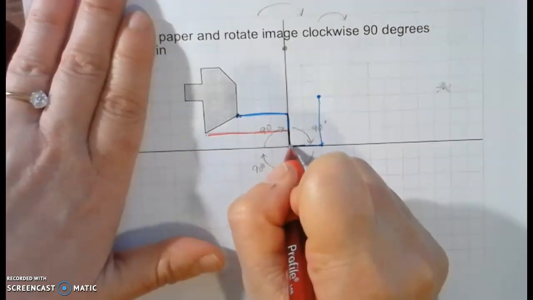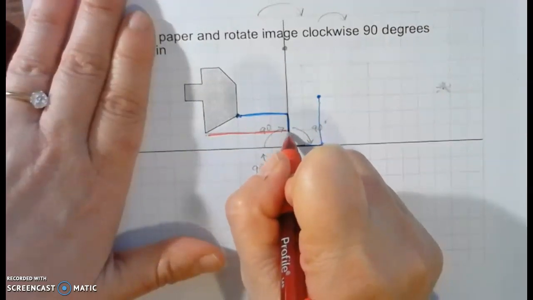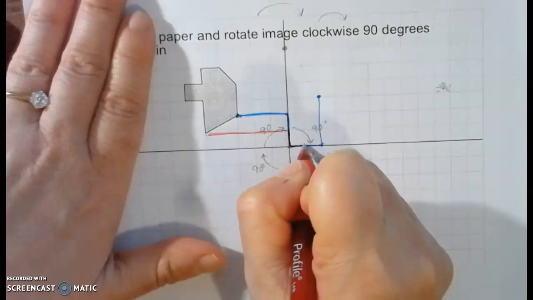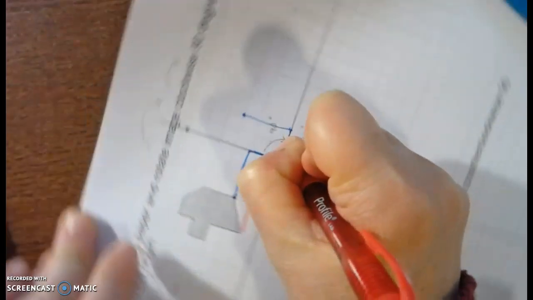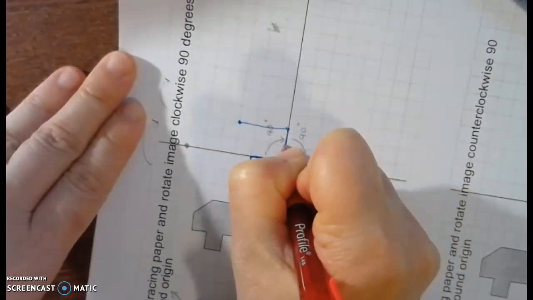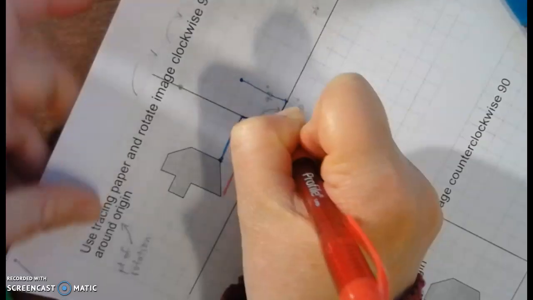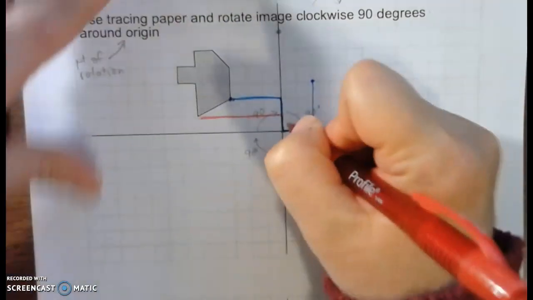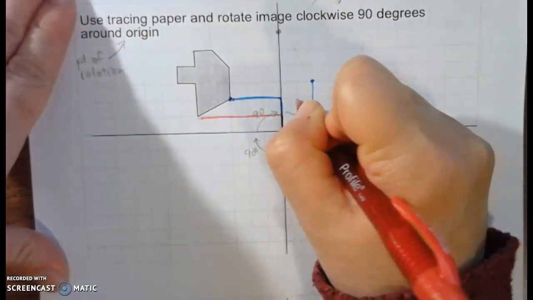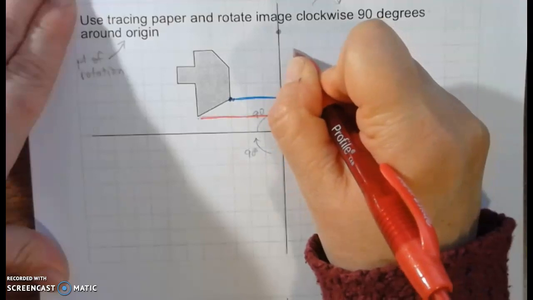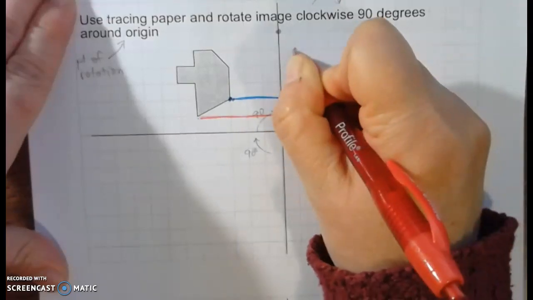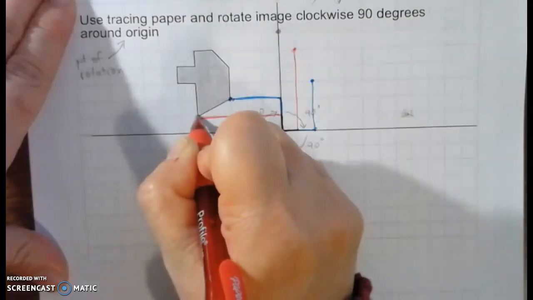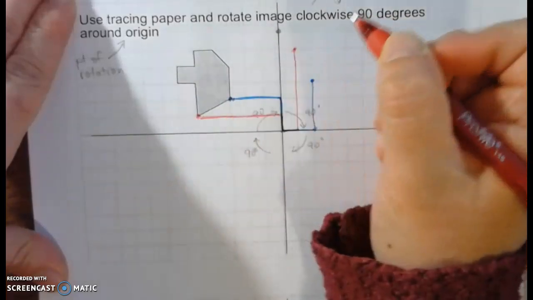So when I rotate this part 90 degrees, I'm going to end up here. And then from here, I am going to take a left turn and go up by 5. If I go up by 5, 1, 2, 3, 4, 5, it's going to be right here. So this is my new point right here as well. That just corresponds to this point here.